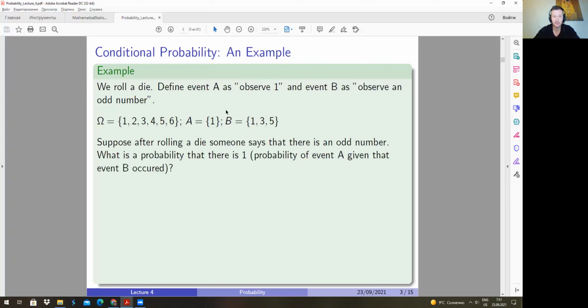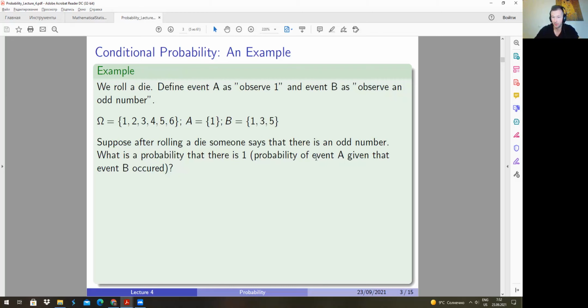Now suppose after rolling a die, someone says that there is an odd number. You don't see the exact number on the die, but someone tells you it is an odd number. The question is, what is the probability that there is 1?